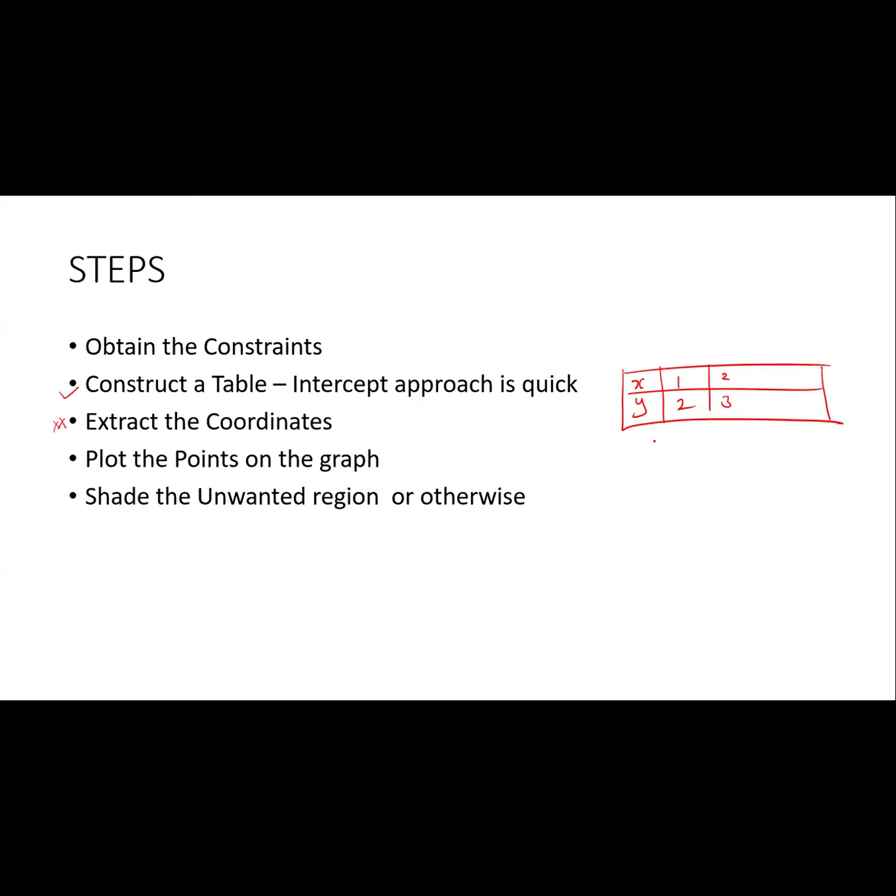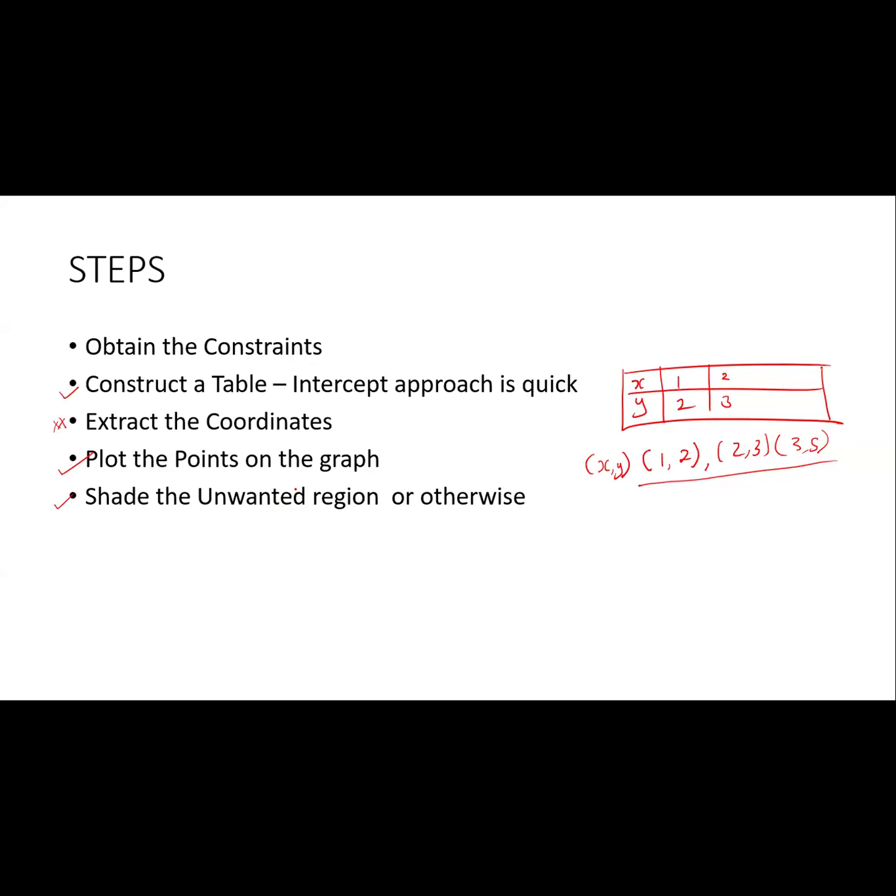So always after having your table, go on and extract the coordinates. You indicate well that for my X and Y, I'll have 1, 2, I'll have 2, 3, I'll have maybe 3, 5, like that. So you extract the coordinates very well to show that these are the coordinates that I'm going to be plotting. Then after that, plot your points, and then shade the unwanted region.